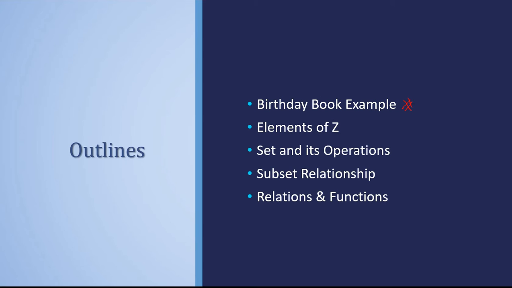After we complete this example, we will go into more detail on how to solve similar problems. We'll see the elements of Z notation, the operations and sets, the relations between these sets, and also functions and relations.